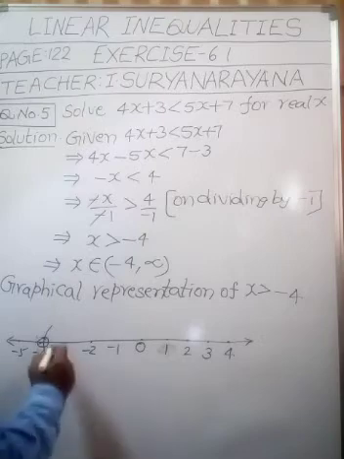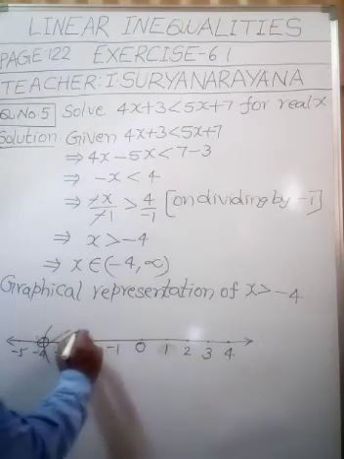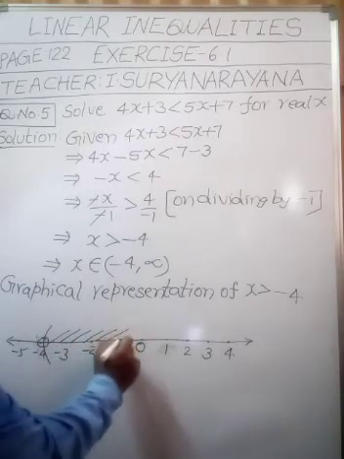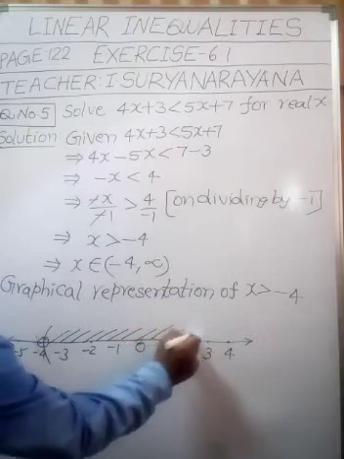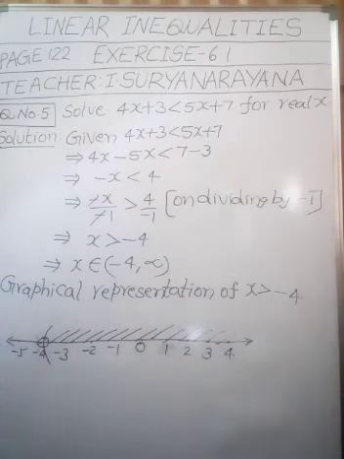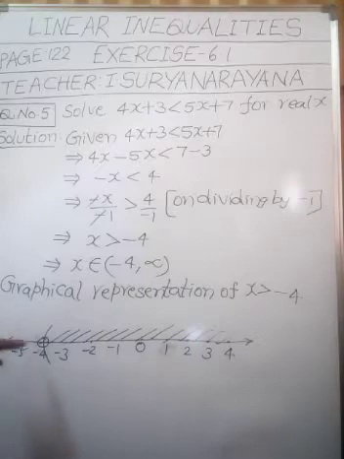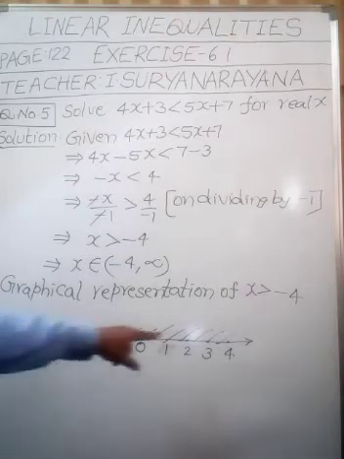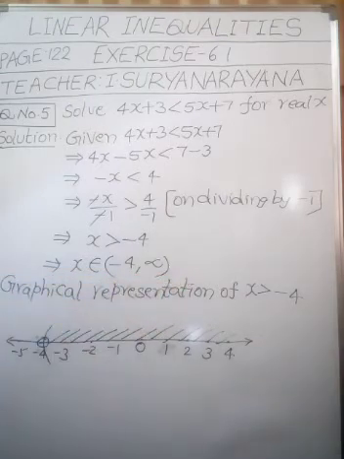So all these numbers, this was also done in the first chapter, set theory. We have represented the inequality in the graphical representation like this. Understood this step, my children? This shaded region represents the solution of the inequality.